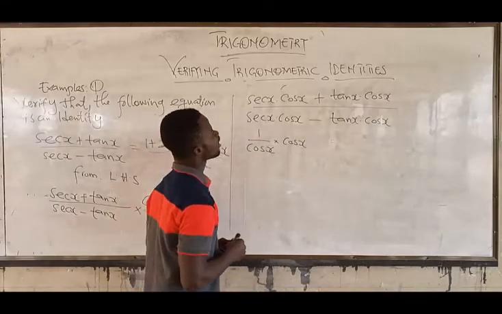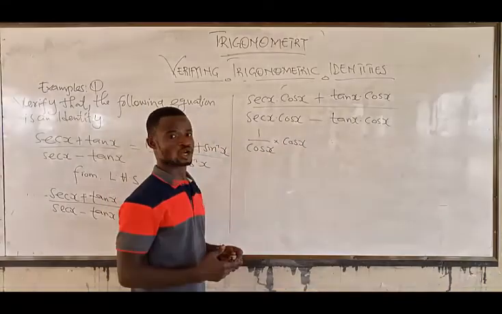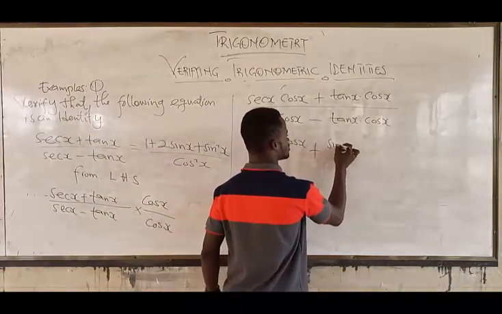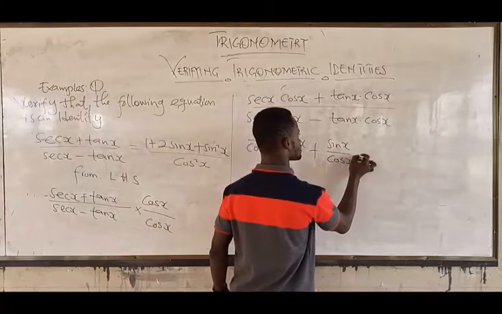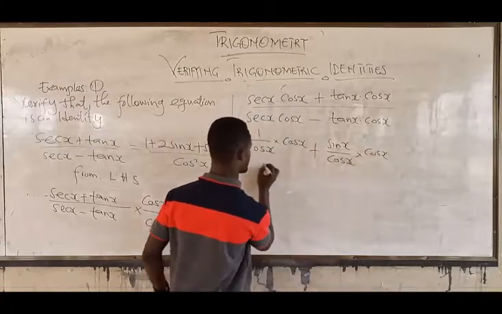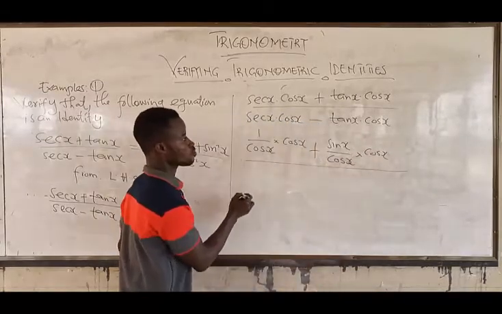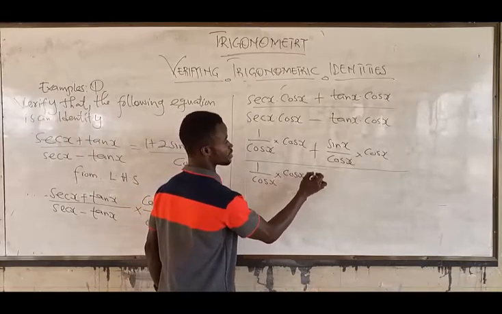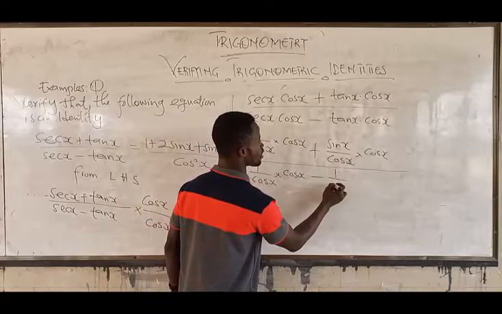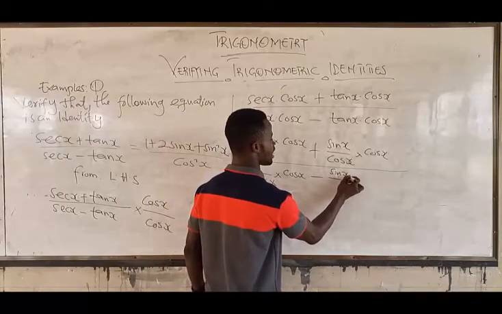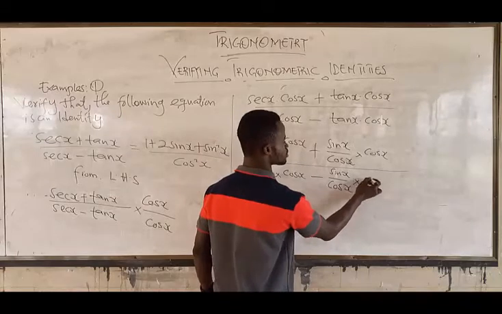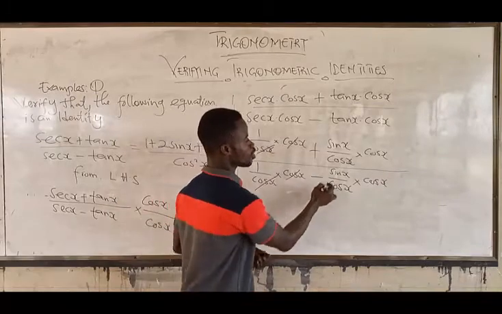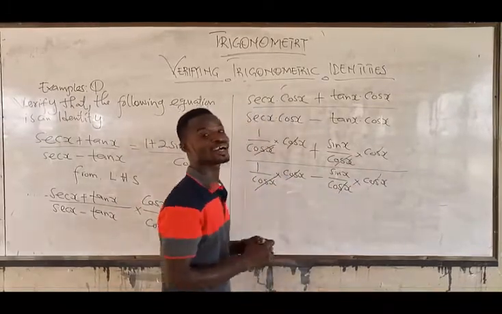Now you are getting the reason why you multiply by cos.